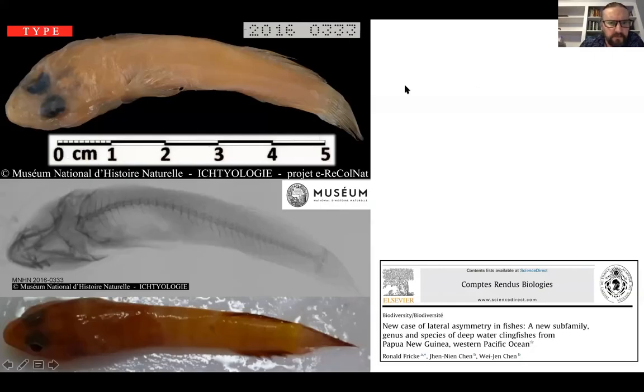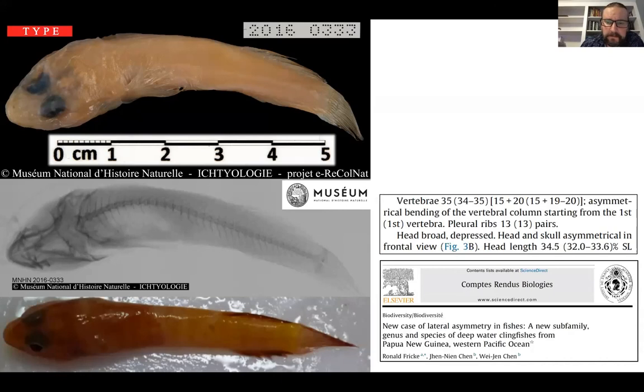I managed to examine a paratype specimen of this species, and an X-ray that's available from the Paris Museum clearly shows that it's probably not asymmetrical. It's just symmetrical. Sorry, it's just asymmetrical as an artifact of preservation.